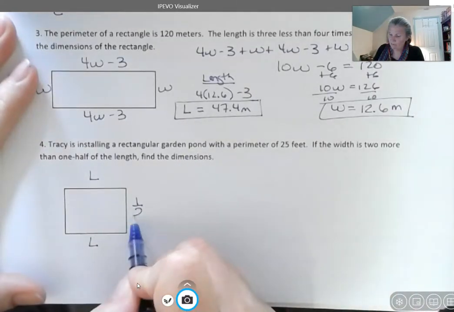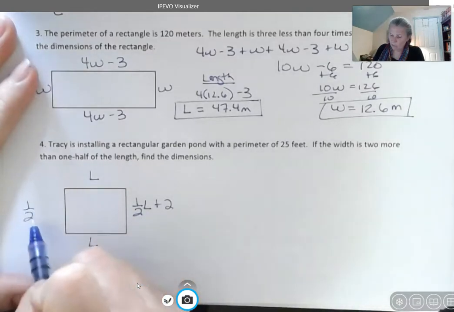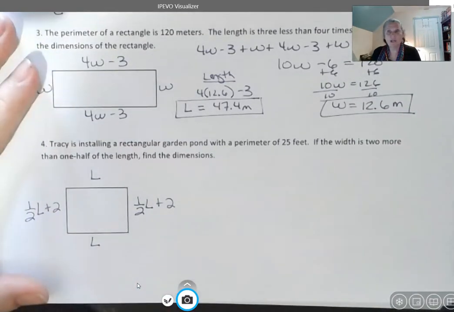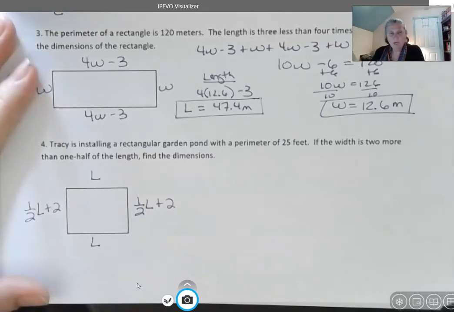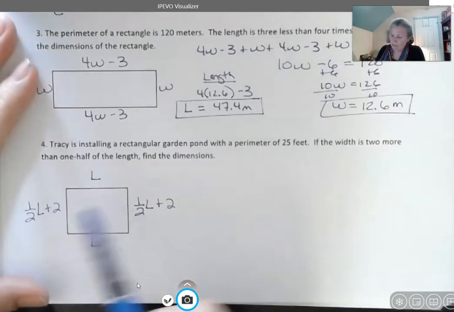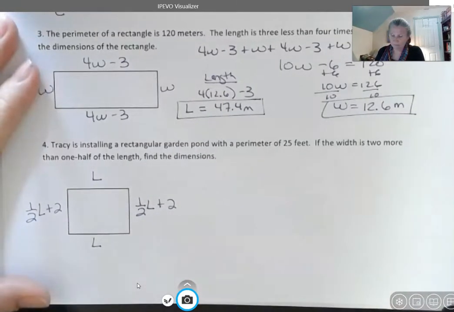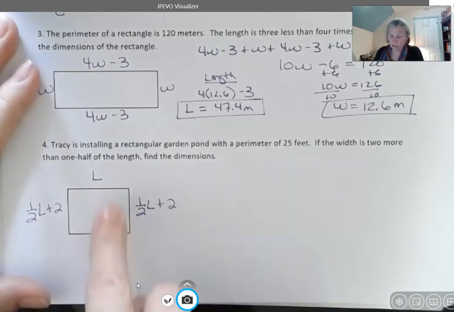So half of the length looks like this, and then 2 more than that. So 1/2 L plus 2. Half of the length is 1/2 L. You could say L over 2 also. That would be okay. But what I'm going to do from here is just add up all that stuff because all 4 sides added should equal 25. 1/2 L plus 1/2 L is 1 L. So that's 1, plus I have another one here and another one here.